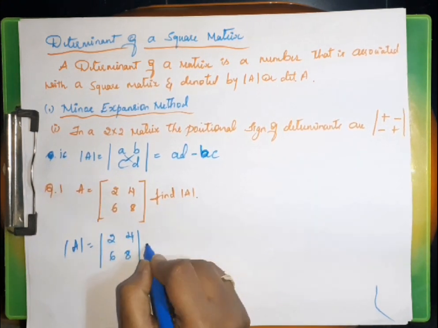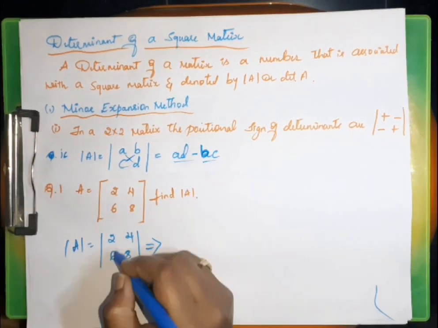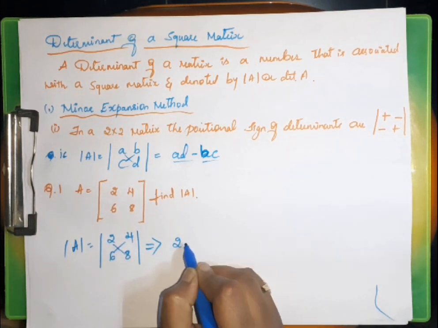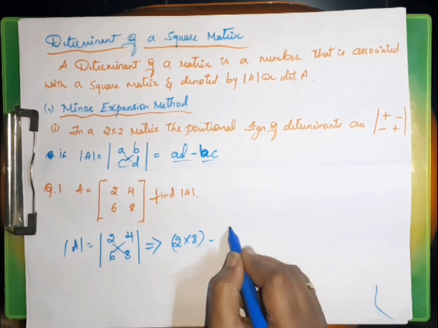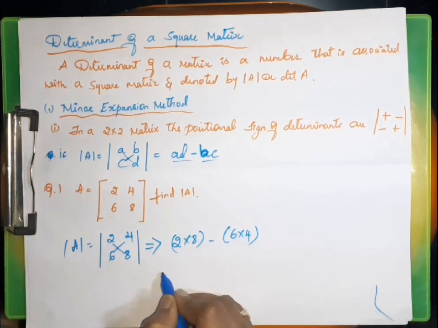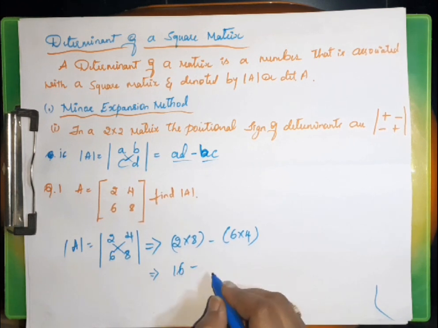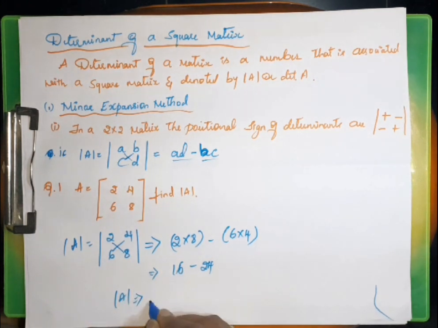Then, same cross multiplication: 2 into 8 minus 6 into 4. So 2 into 8 is 16 minus 6 into 4 is 24. So determinant A is equal to minus 8.